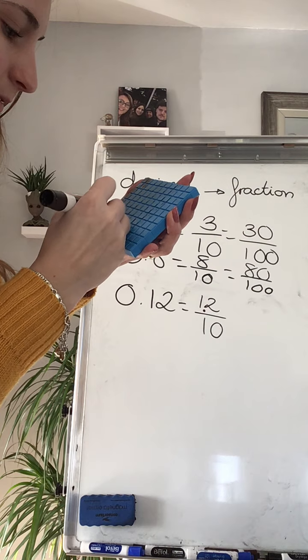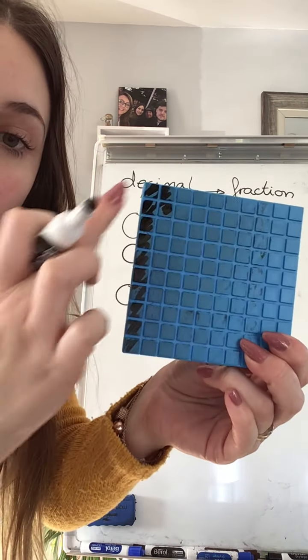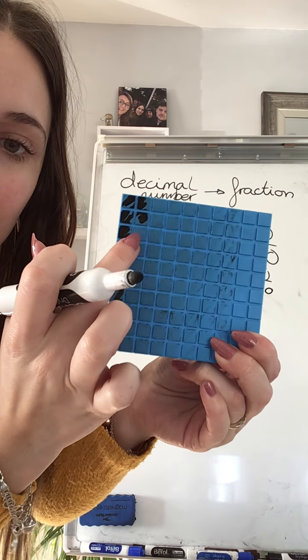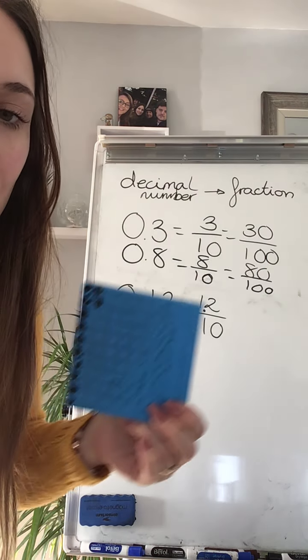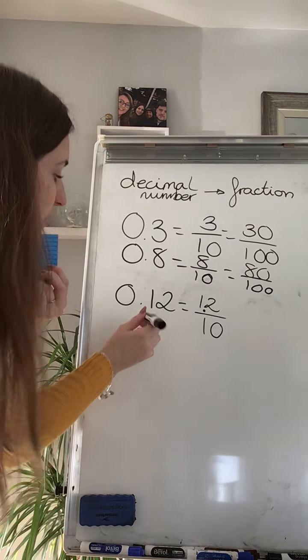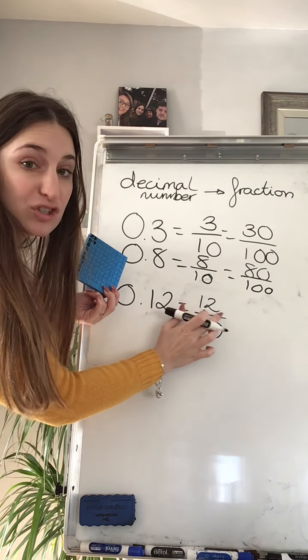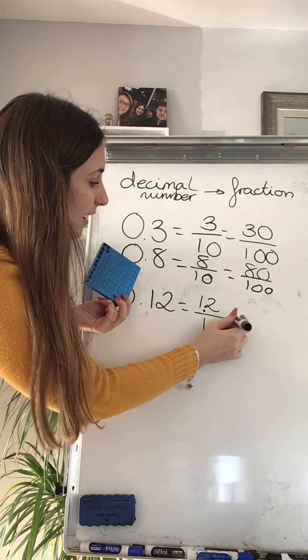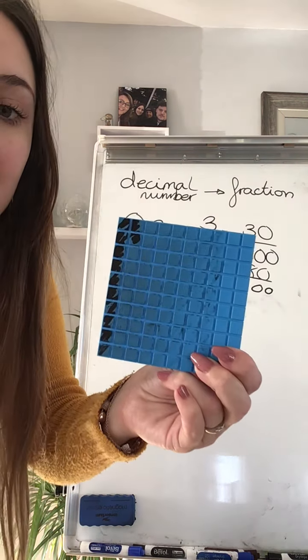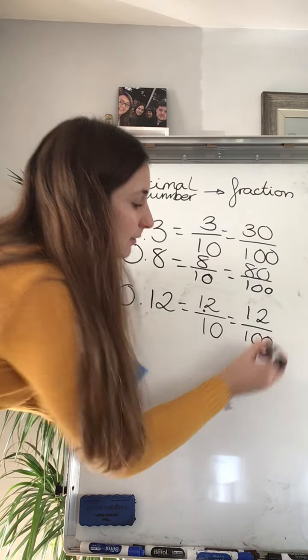There we are. You will be getting, that's 12. Okay, 0.12, you will be getting 1 tenth and 2 hundredths. So you will be getting 1.2 tenths, and you will be getting how many hundredths? Well done, 12 hundredths.